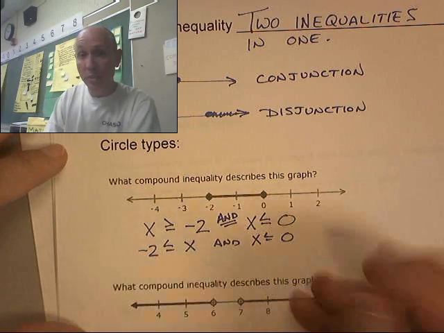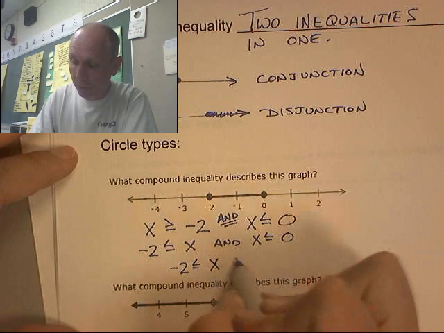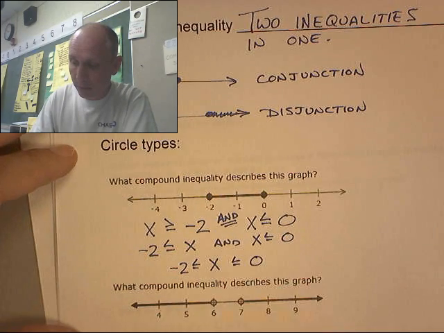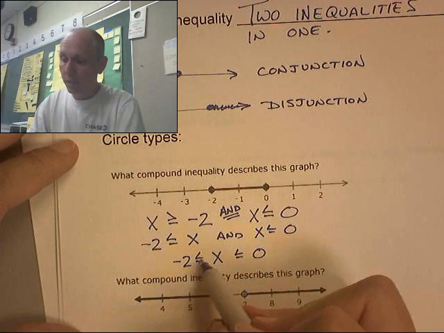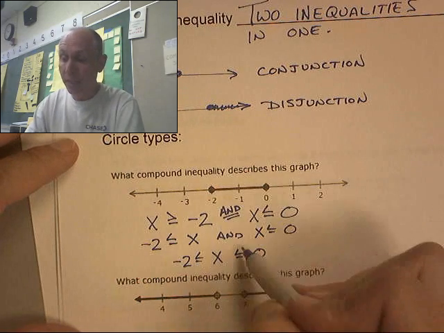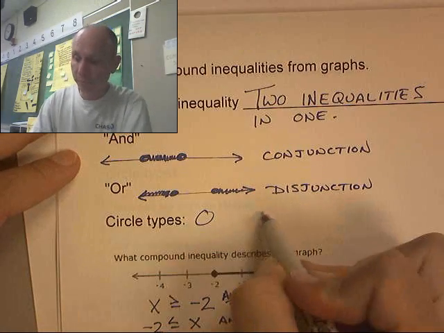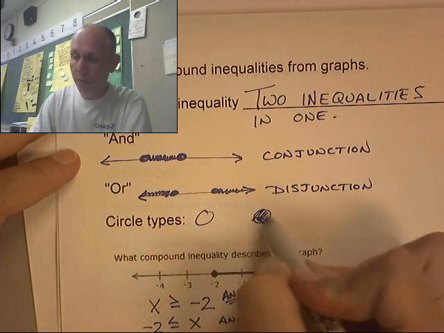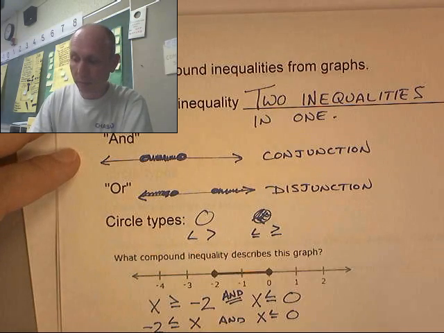Now I'm going to mush it together even more into one expression. So -2, x, 0. Notice that these are less than or equal to's, and they match up with the circle types. Open, closed. Closed.